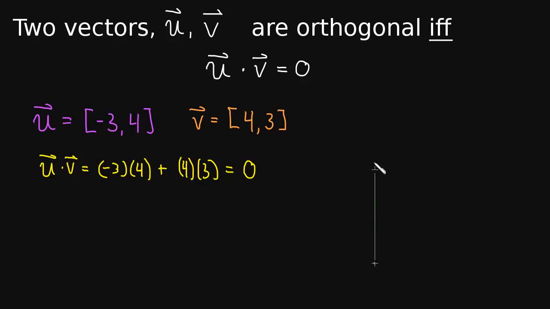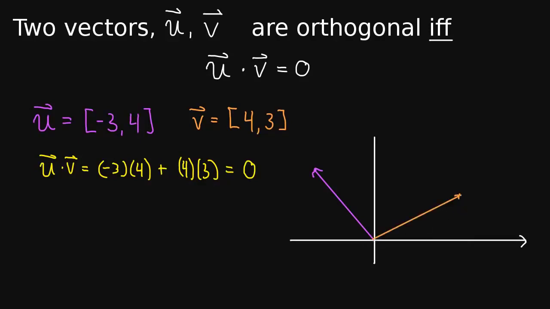So let's take a look at what they look like if we were to graph them. So u is -3, so we'll go over 3, up 4. It's kind of a rough sketch. And then v is +4 and up 3, so about there.